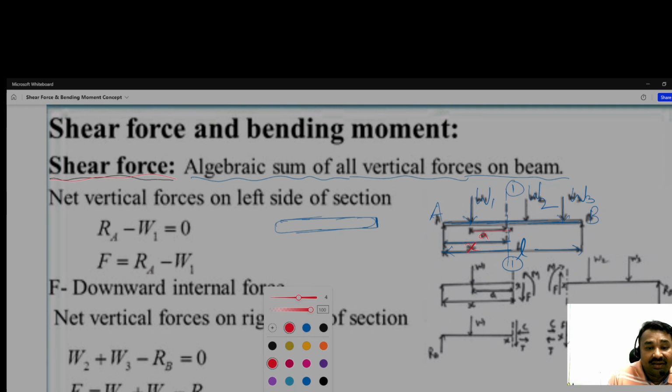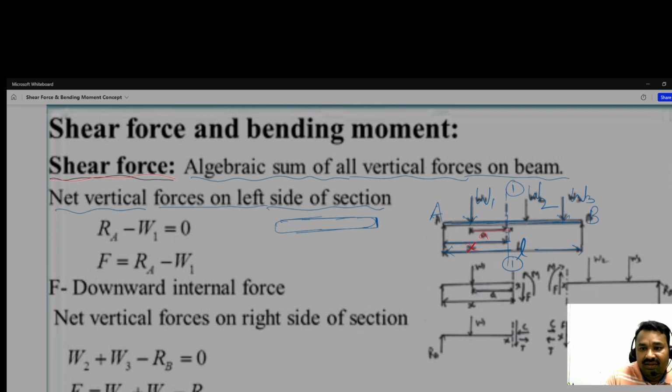And so here, the net force on the left side of the section, means we're talking about this section. This is RA, so positive direction. And W1 is acting in the downward direction, that's why minus.